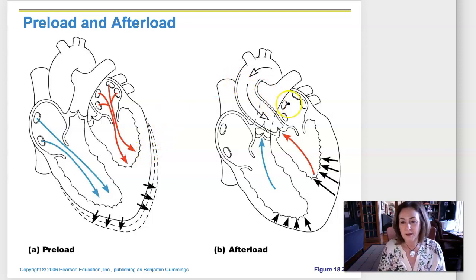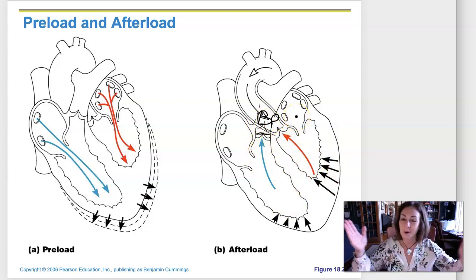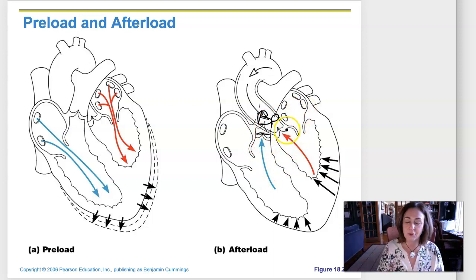Afterload, I'll show you that now since we're looking at the picture, is the amount of pressure that the ventricles have to overcome. So we know that there's a high blood pressure right in the aorta, and there's a high pressure of blood in the pulmonary trunk. And so that's what the afterload is, basically the amount of force that the ventricle is going to have to exert to open that swinging door, okay, to open the semilunar valves.